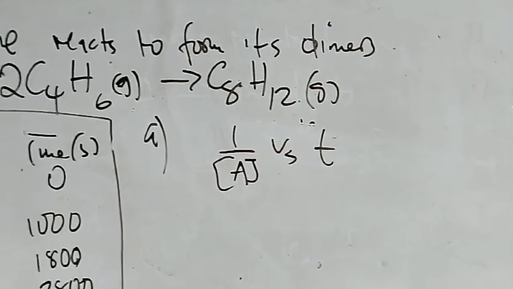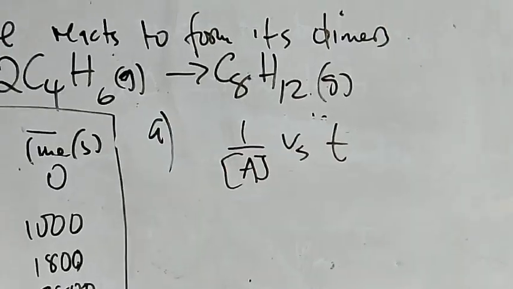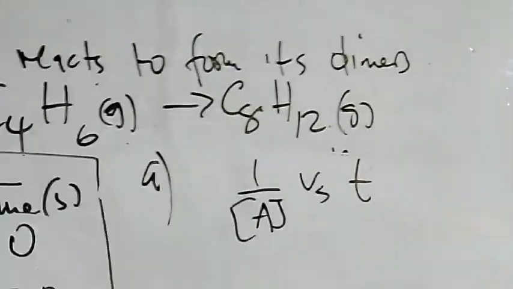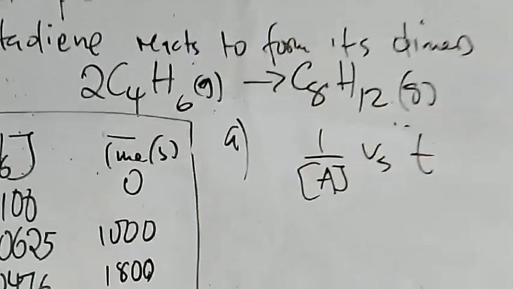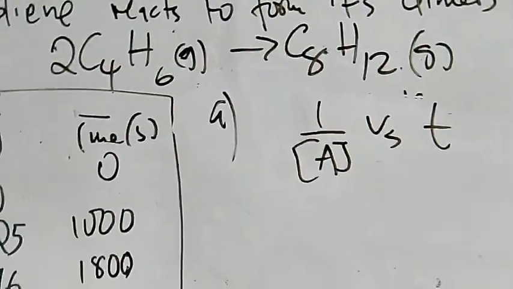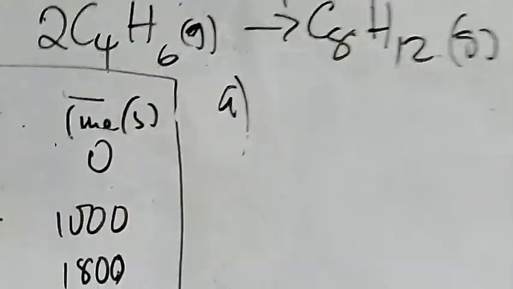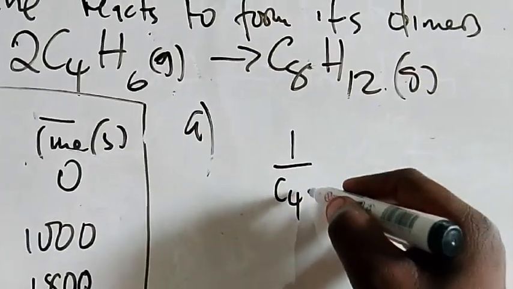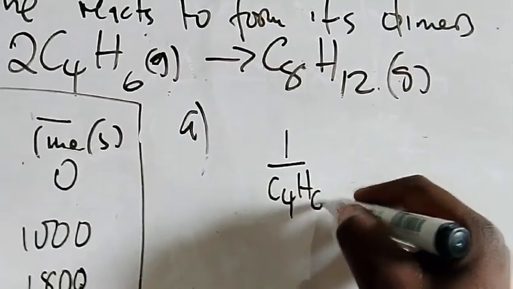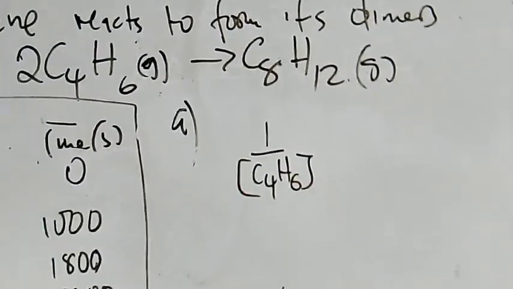In this case, our A is C4H6, the butadiene, so we need 1 over C4H6.